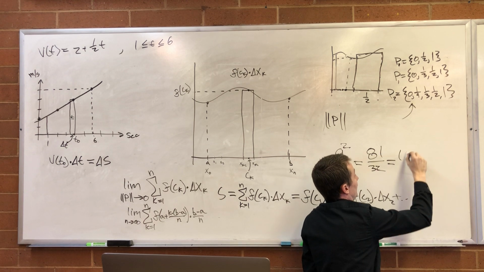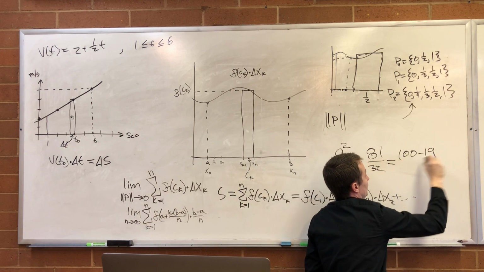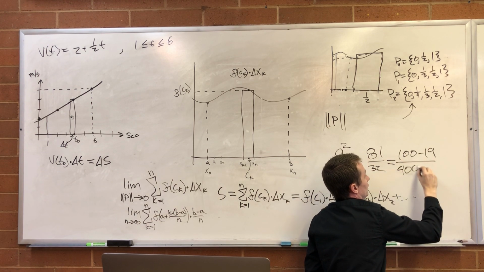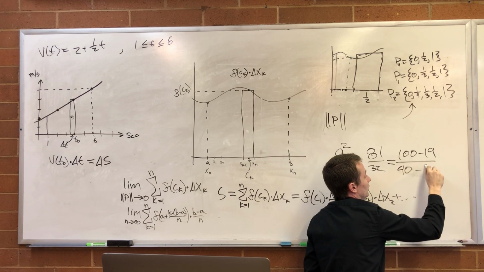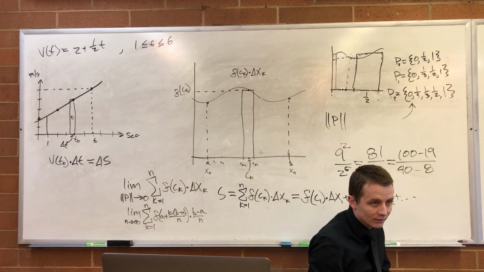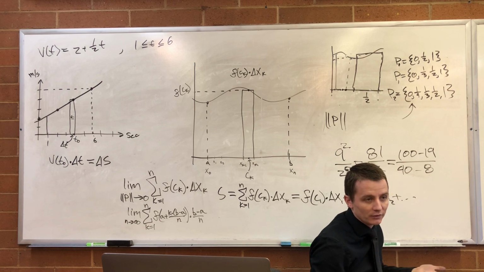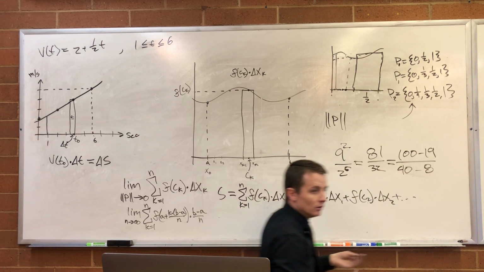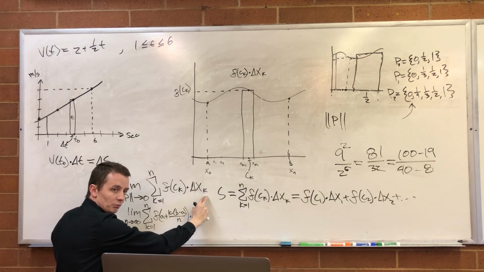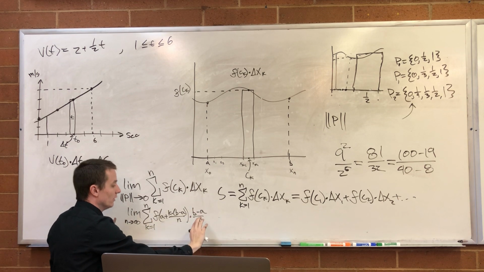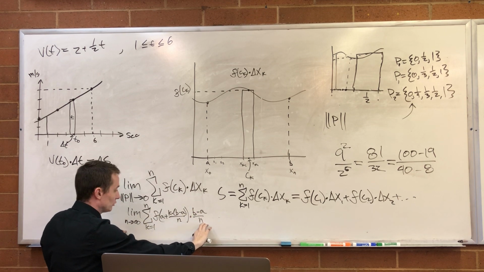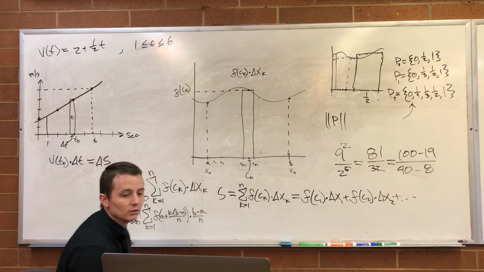I can also write this as 100 minus 19 over 40 minus 8. There's an infinite number of ways I can write it. One of them is the most useful way to write it for our certain situation. There's an infinite number of ways that we could interpret this. This is pretty much like the most useful way for most of our problems.